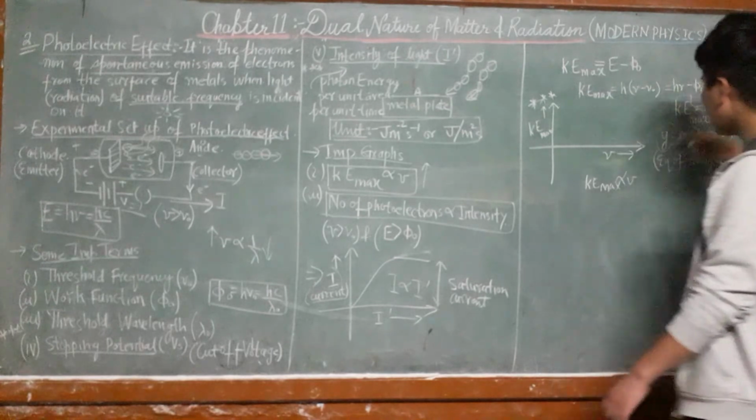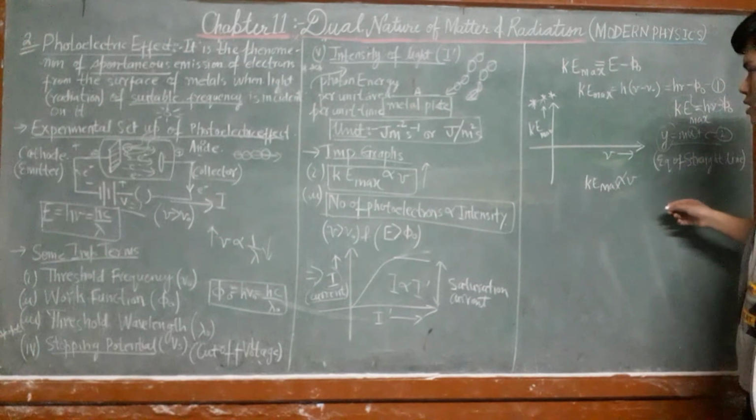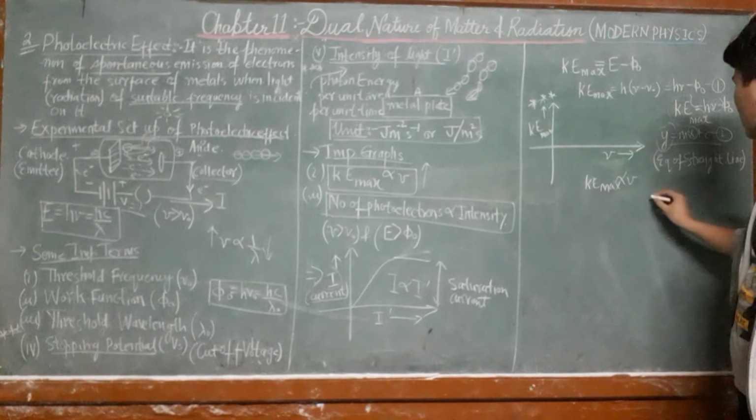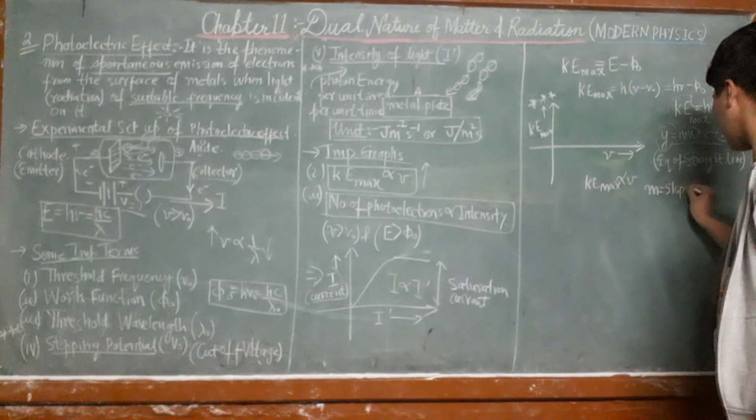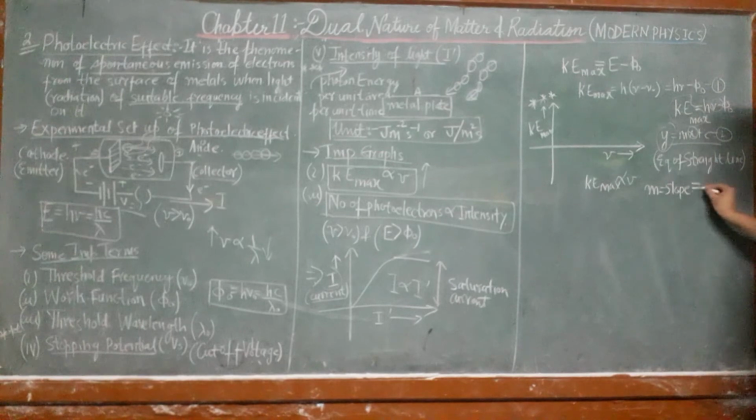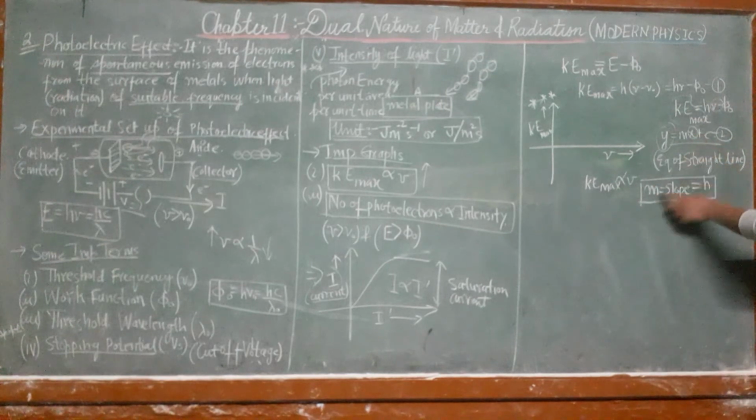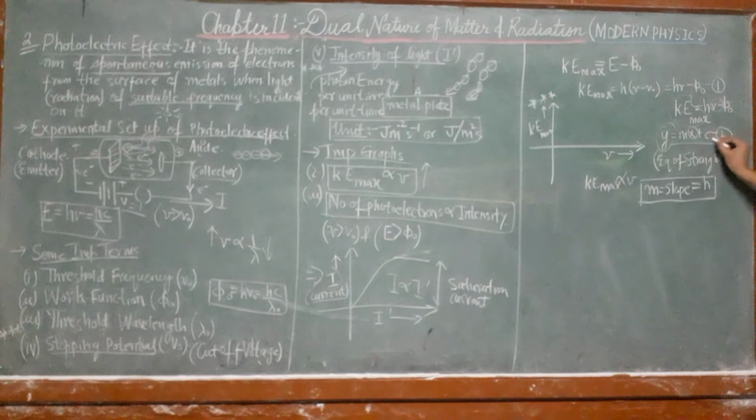Comparing equation number 1 and 2, m, which is your slope, is equal to h. The y intercept c is minus phi naught.